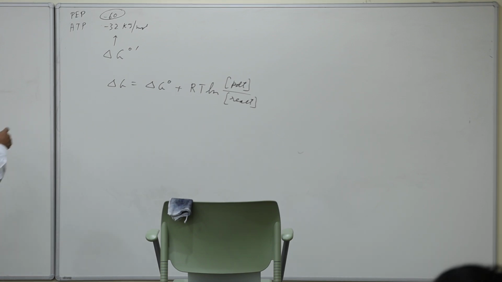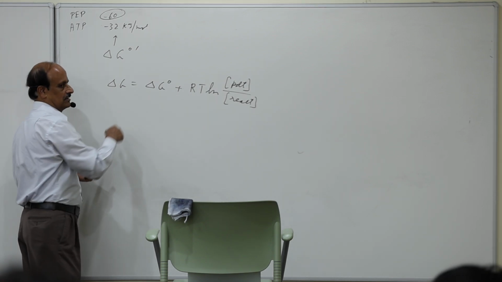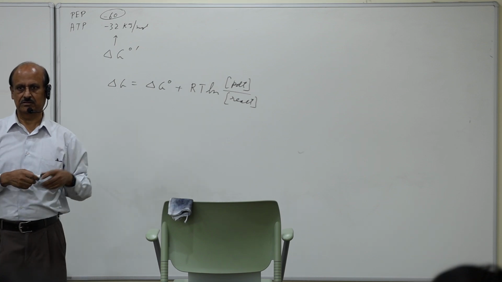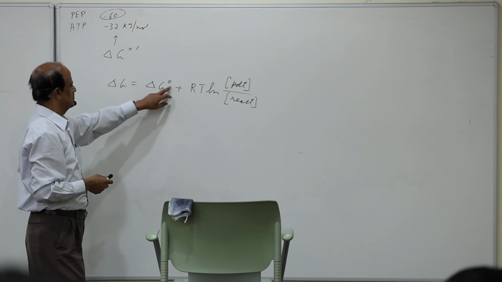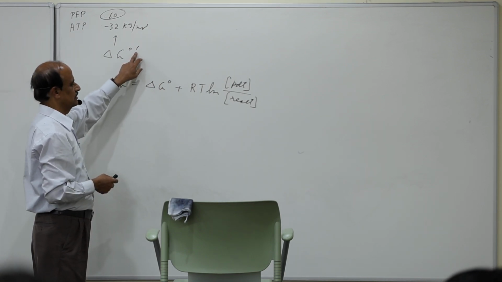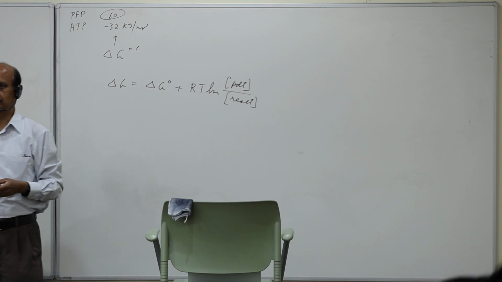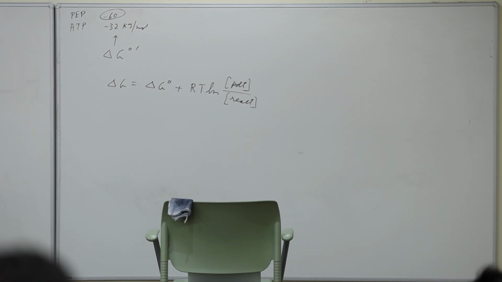So this is a term that you have seen before. This is called the standard free energy, and this is what is listed in any table. If you look in the chemistry book, it will be called delta G0. In the biochemistry book, it is delta G0 prime. And they are not the same thing. So what is the prime doing here? In biochemistry, as you know, all reactions happen in water, right?